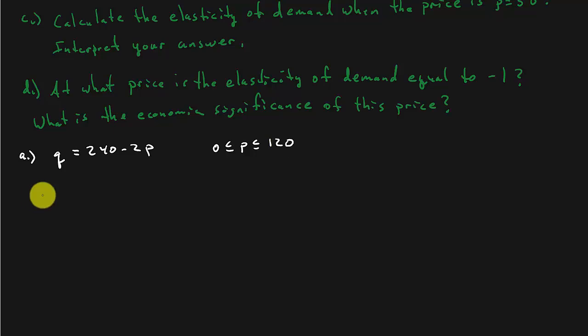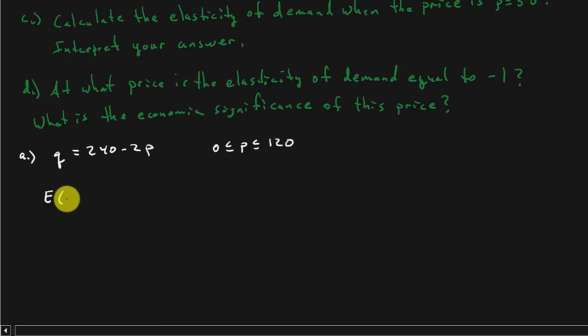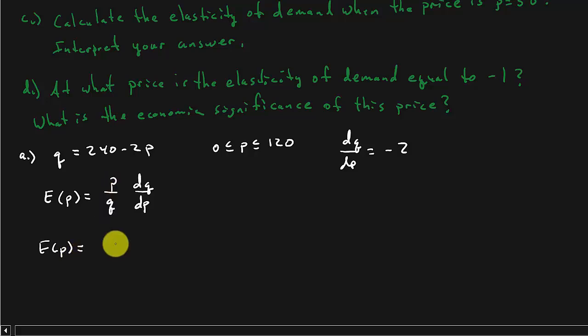All right, so let's find the elasticity of demand. So remember, that's P over Q times the derivative of Q with respect to P. So first, let's find dQ/dP. Well, that's just -2, right? And so here we get E of P is equal to P over Q. Well, what's Q?